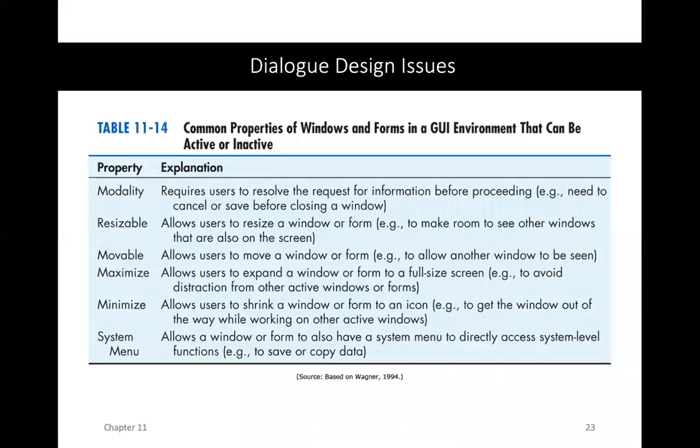Resizable allows users to resize a window or form. Movable allows users to move a window or form. Maximize, full screen, minimize form and icon. And a system menu allows a window or form to also have a system menu to directly access system level functions.